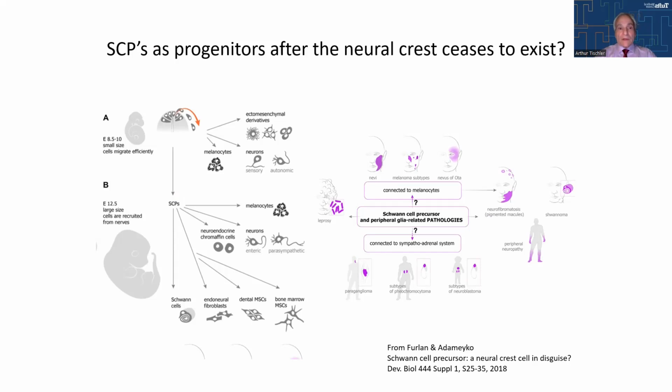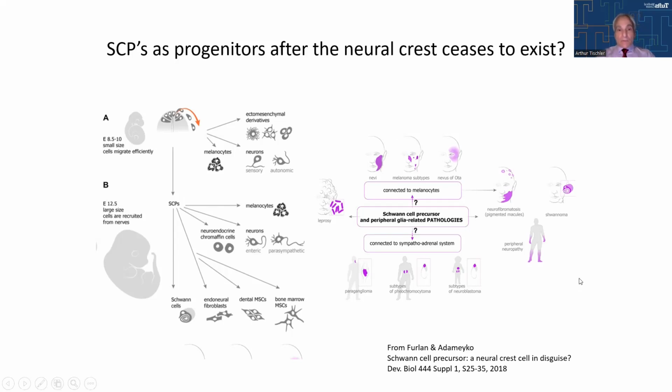But the importance of this concept is that Schwann cell precursors migrate in waves, and they eventually require this axonal guidance because the embryo becomes too large and too complicated with too many obstacles for directly migrating cells to reach their destinations.